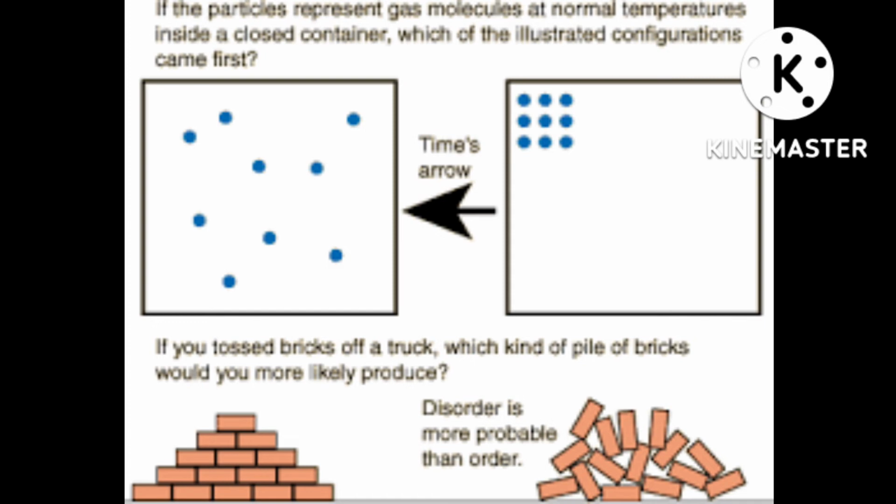By supplying heat you can make the molecules more disordered, so heat has an effect on entropy. Heat must have a relation with temperature. If you give less temperature, there is less disturbance; if temperature is high, entropy also will be high. So temperature and heat have a relation with entropy.